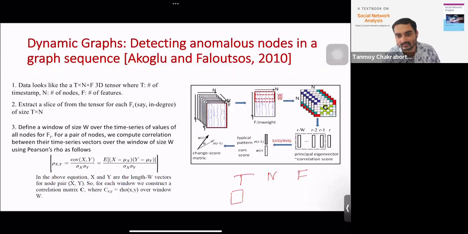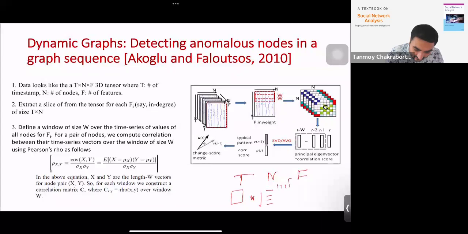Now we are not considering the adjacency matrix here. What we are considering is the node cross feature matrix. You have n nodes, you have f features, and you have some numbers here. We are not considering the adjacency matrix because we are not interested in what is happening outside the ego network.